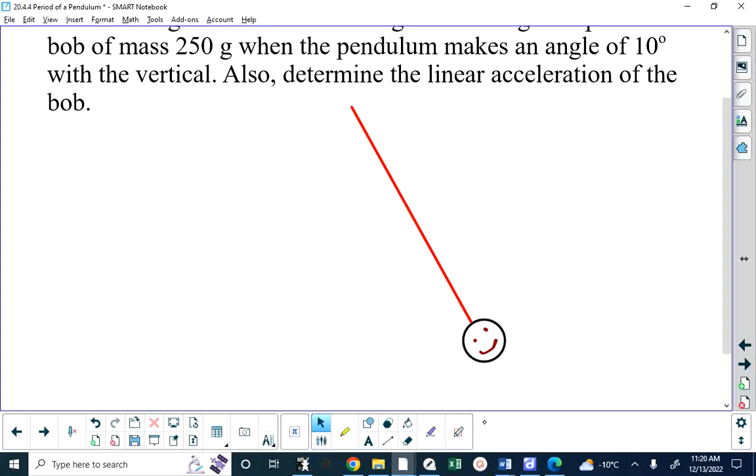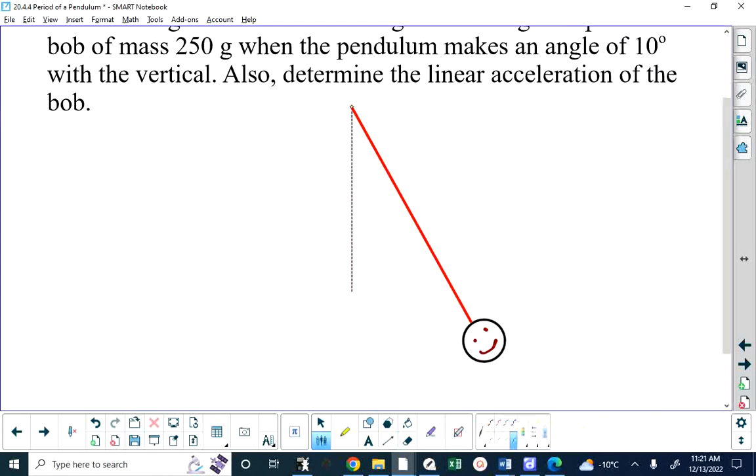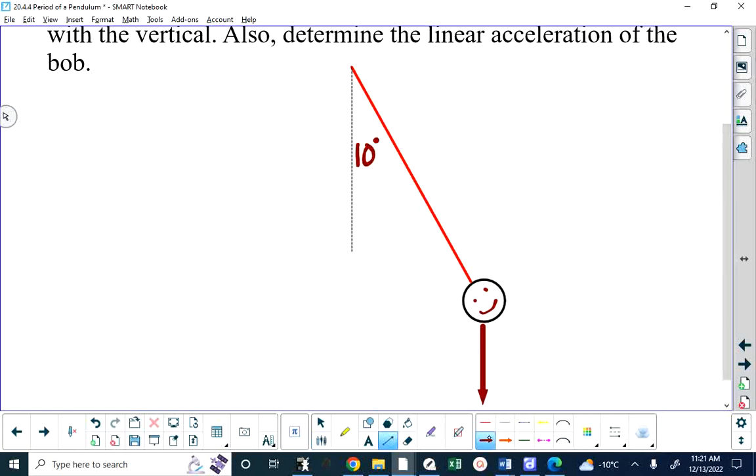And this angle vertically down from the pivot point is 10 degrees. And again, I know that's more than 10 degrees. That's probably somewhere around 25 degrees, most likely. But gravity is acting downward on that, and we can draw in that force. The force of gravity acts downward.